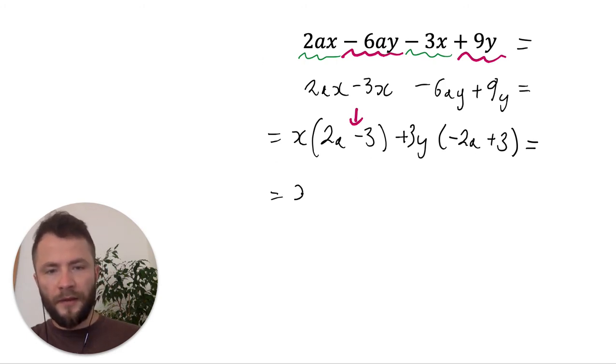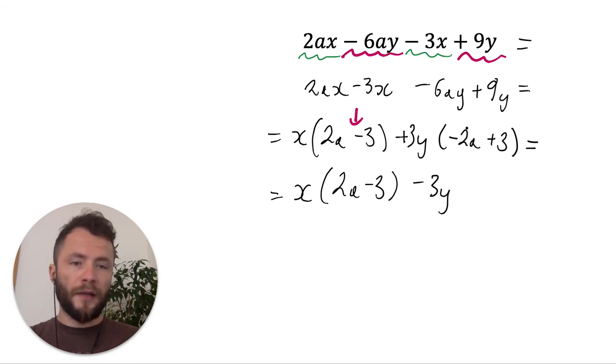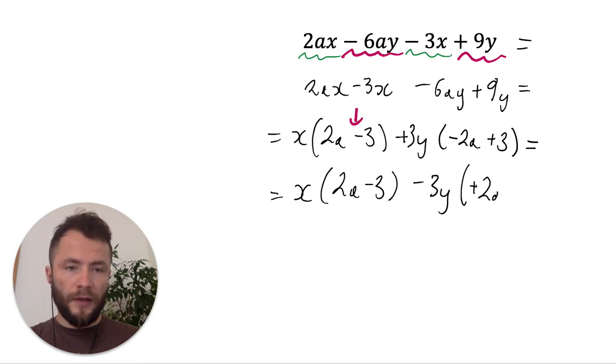So let's rewrite the first one, x(2a minus 3), and then minus 3y. So I have a minus in front of my bracket, which means that this minus turns into a plus, plus 2a, and this plus turns into a minus, minus 3.